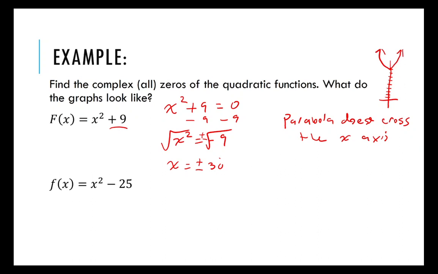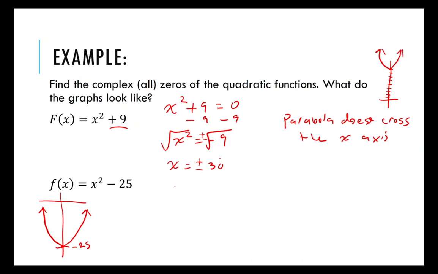Now x squared minus 25, on the other hand, if you wanted to take that transformation idea, this really shifts down by 25. I'm going to do a quick sketch. Let's call this negative 25. That is, this parabola will look like this, and it will cross the x-axis at some point.